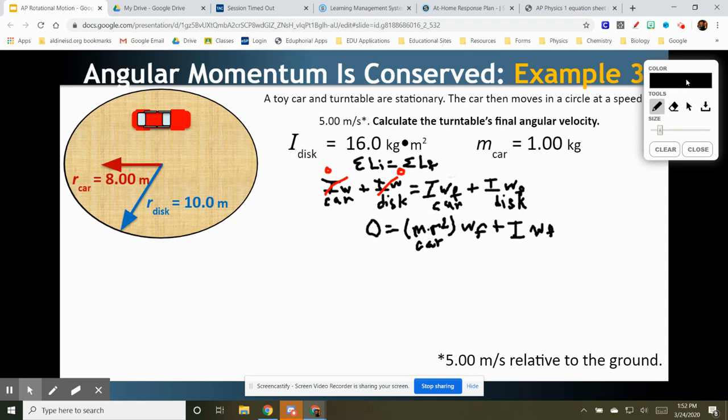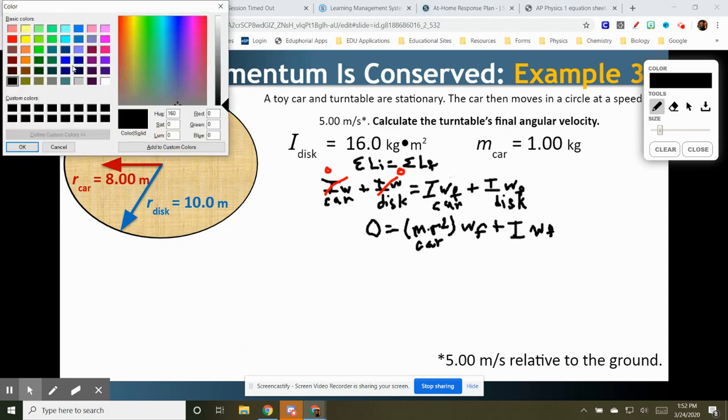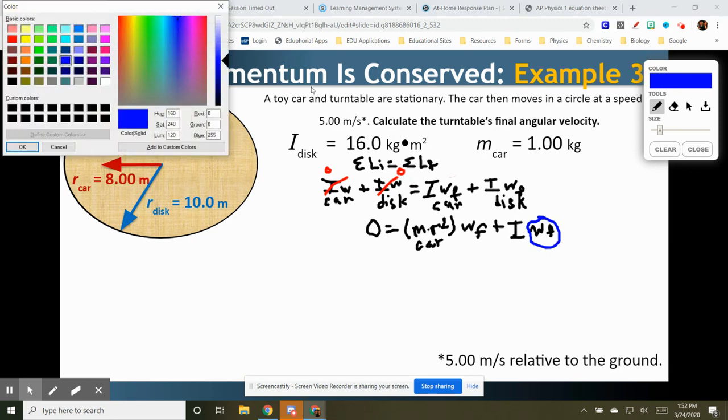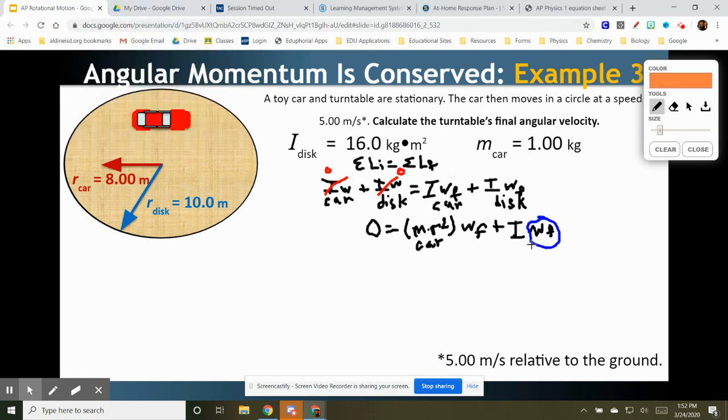Okay, so I hope you're identifying that we have a few things going on here. This is what we're solving for. We're solving for the turntable's final angular velocity, so I circled that in blue. We have an issue though because we're almost done with all our variables to solve for.